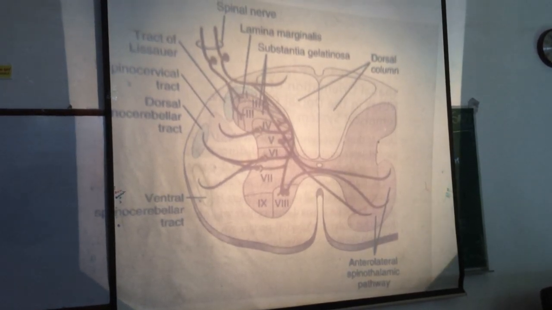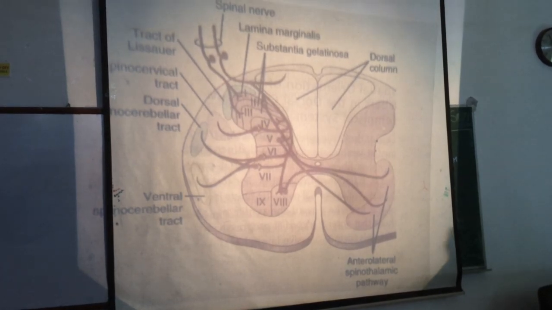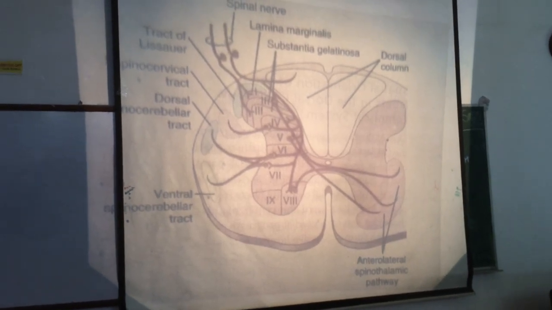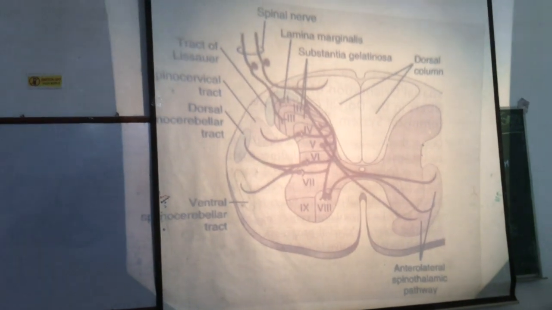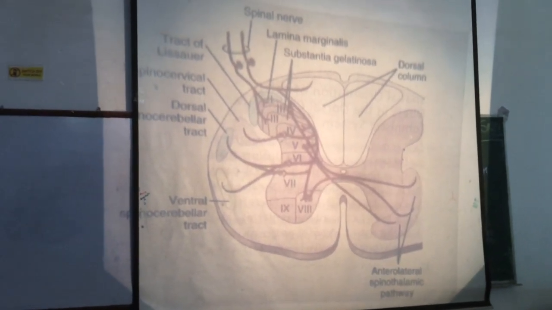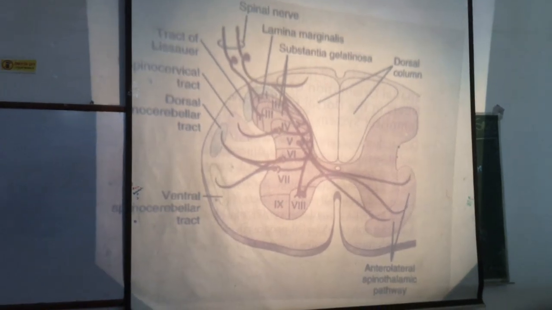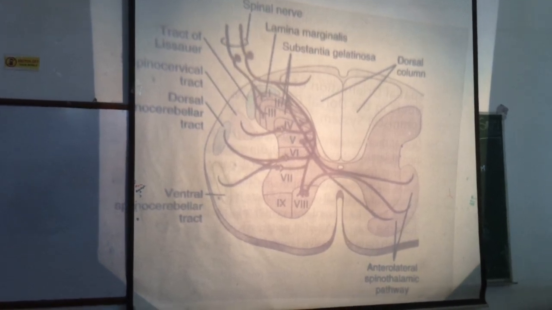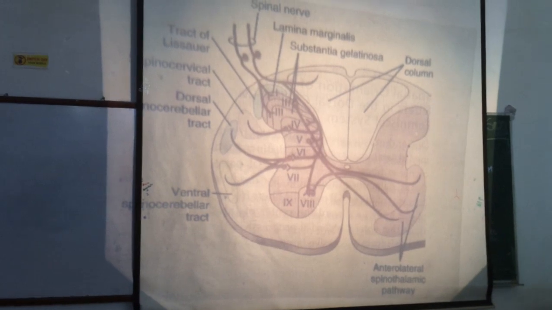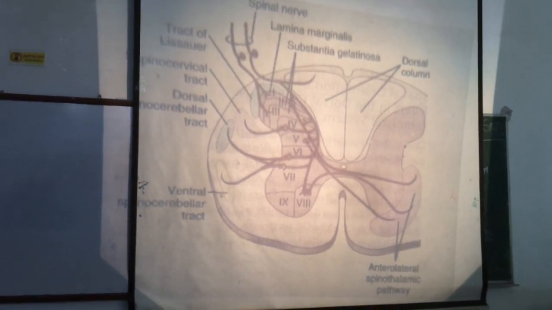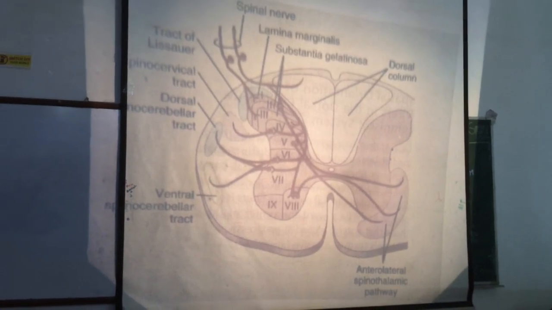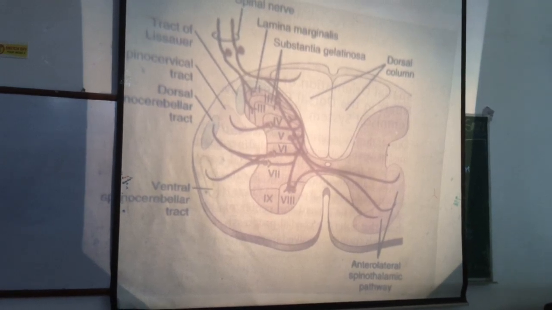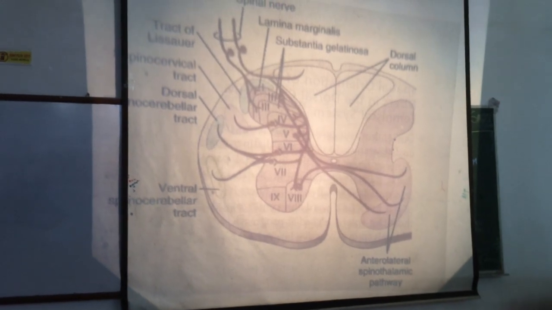Keep in mind, proprioceptors are the receptors present in tissues around joints, which respond to position and movement. From the proprioceptors, impulses go to Clark's column. Clark's column is present in the segments from T1 to L2, L3.